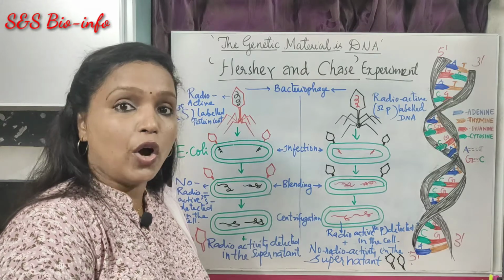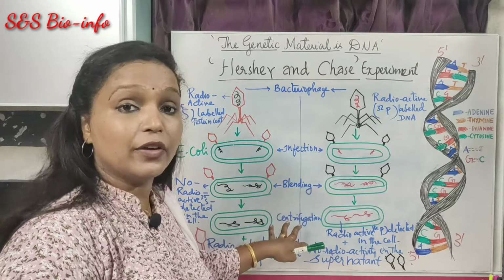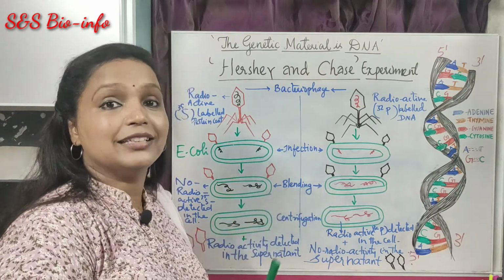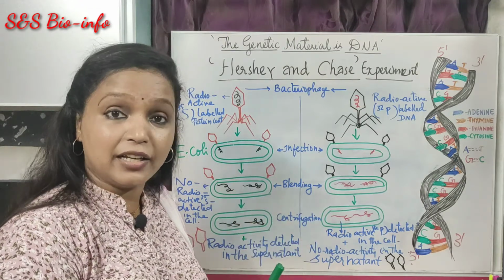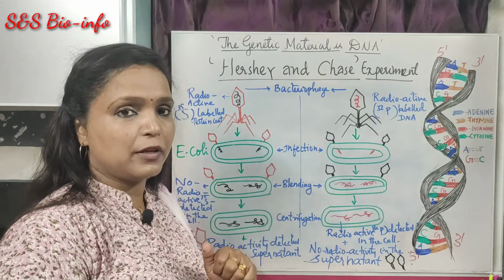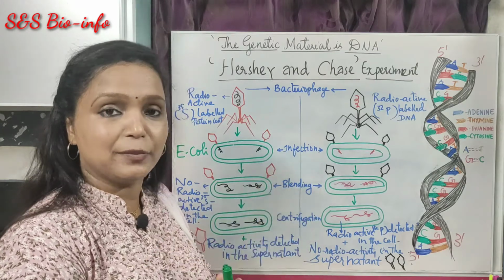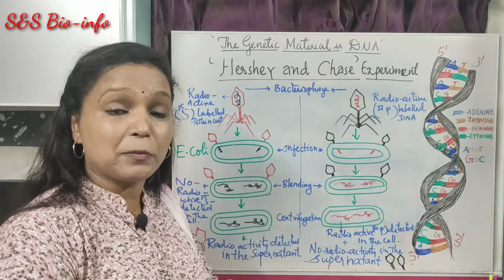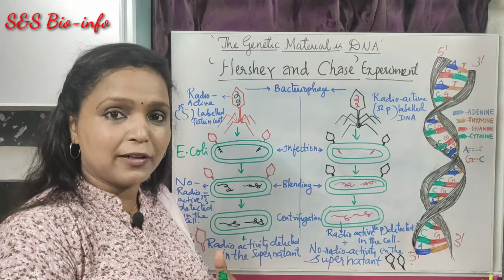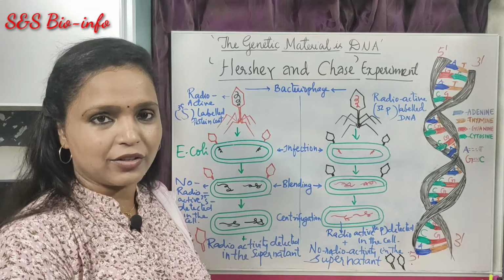So it could cause infection in the bacteria. So this is the way they proved that the genetic material is DNA, not the protein. This was the confirmatory experiment which showed that DNA is the genetic material which transfers from bacteriophage to bacteria during infection.